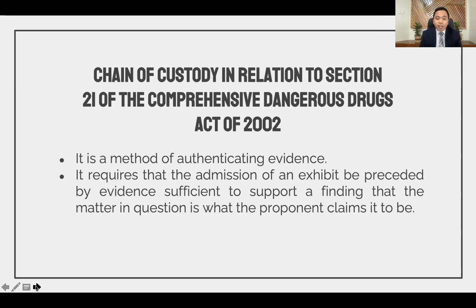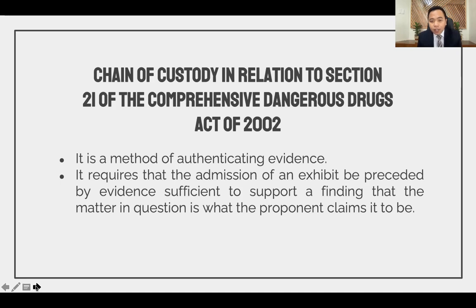Why? Because again, the purpose of authentication is to establish that the evidence being presented in court is the same evidence that was obtained during the time that the evidence was recovered from the accused. You have to establish that this is the same evidence, the same object evidence obtained during operation and that which is presented in court.